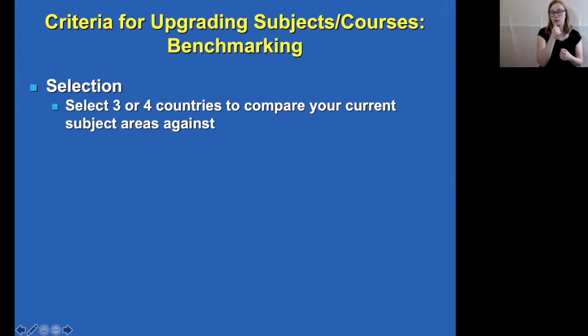For example, for your national language, you might want to look at Estonia, France, and Canada, one of the Canadian provinces. But for mathematics, you might want to look at Singapore, Australia, or Ireland, for example.